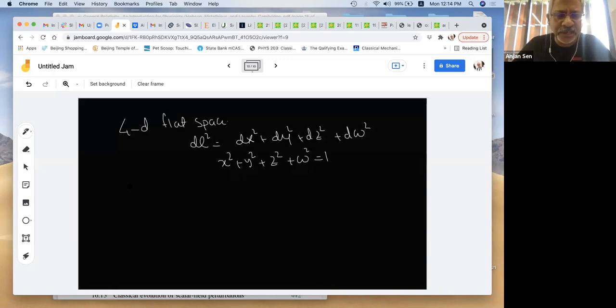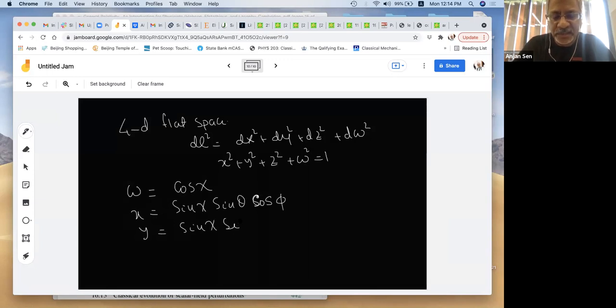So I do a coordinate transformation, w, or omega, whatever, equal to cos chi, and then my x is equal to sine chi, the rest remains the same, sine theta cos phi, y is equal to sine chi sine theta sine phi, and z equal to sine chi cos theta.